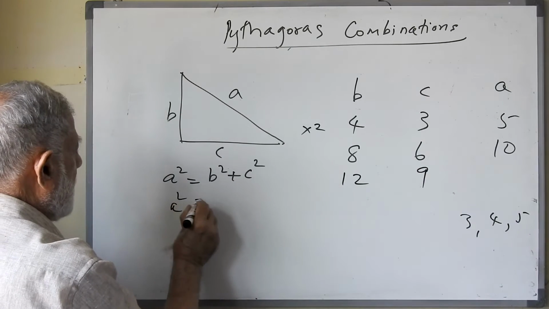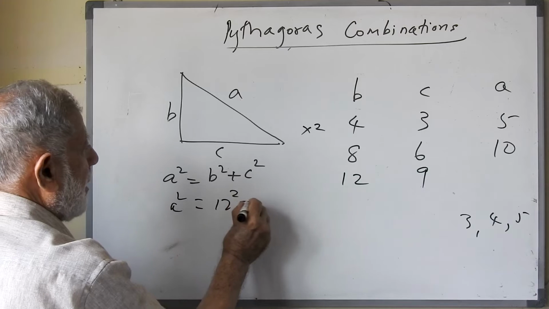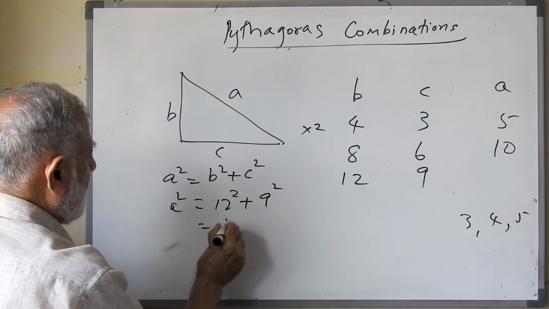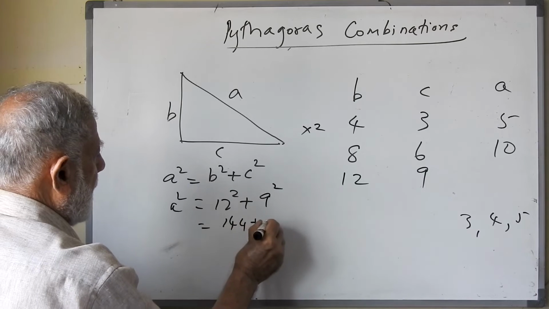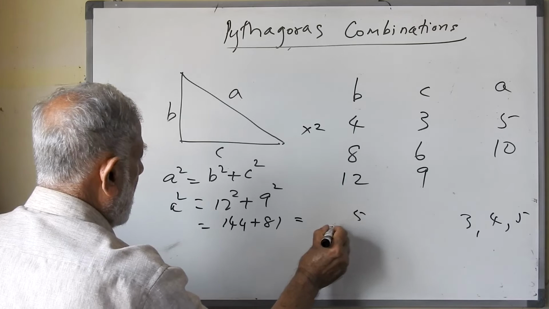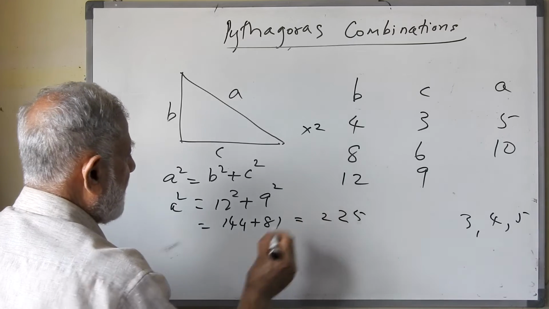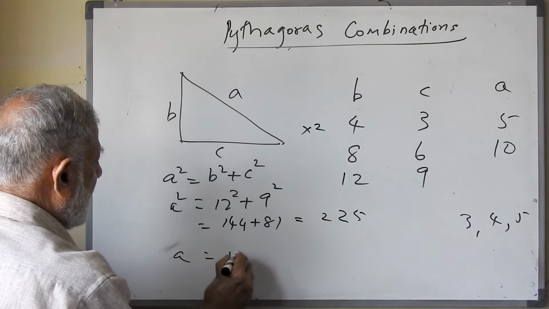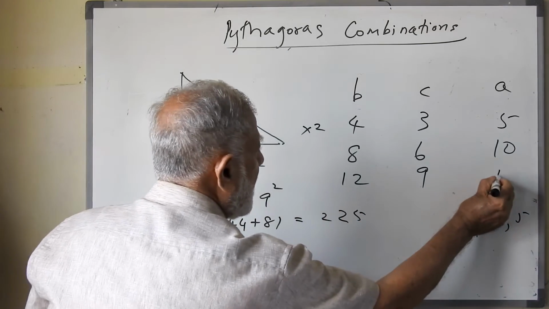So A squared is equal to 12 squared plus 9 squared, that is 144 plus 81, that is equal to 225. So A squared is 225, A is equal to 15.